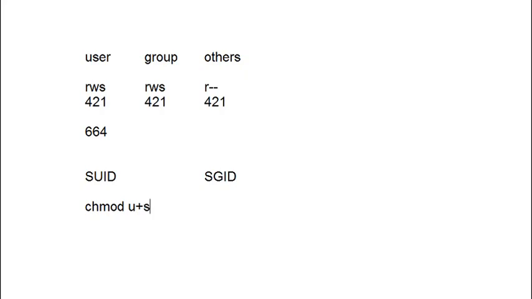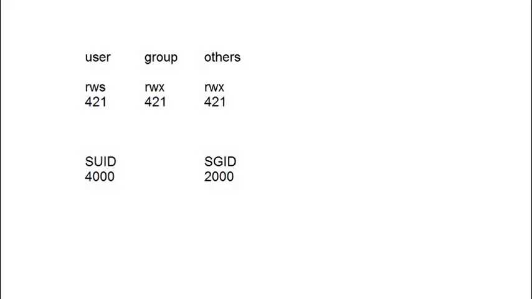And to set the SGID, it would be g+s. And of course, the file name afterwards, right? But again, we're not normally going to do that on files. Now, setting SGID on directories is an entirely different story, and we'll have a separate video about that later on.